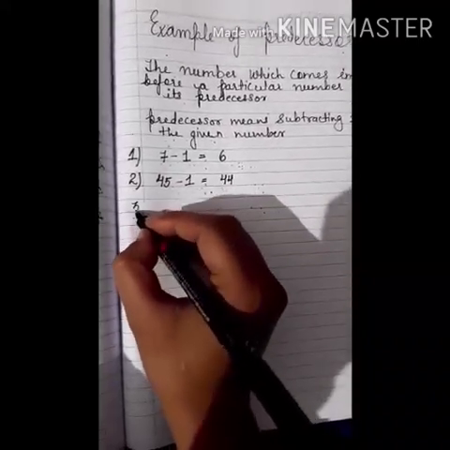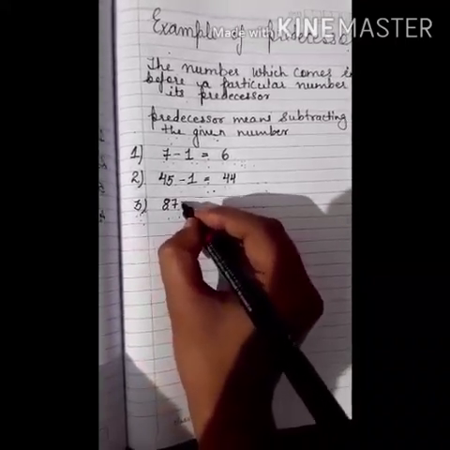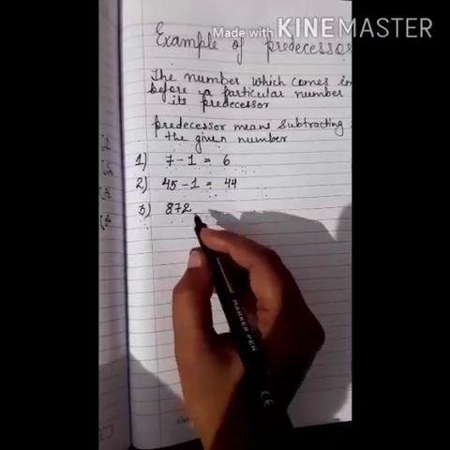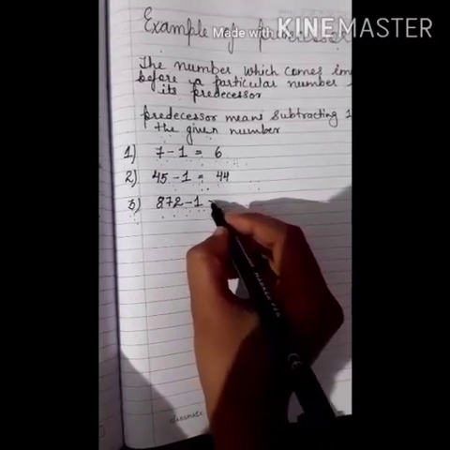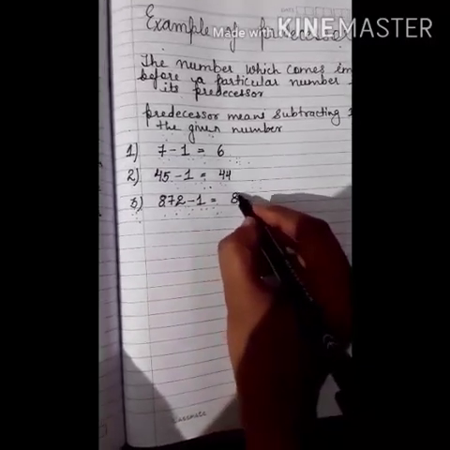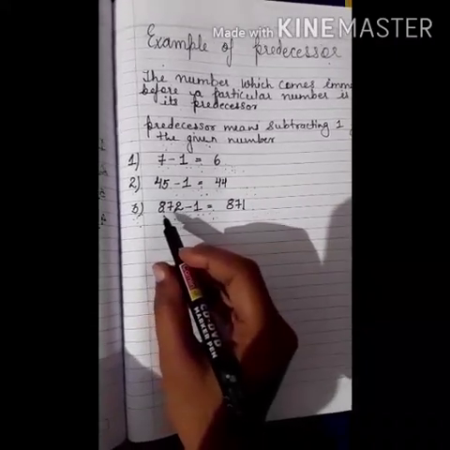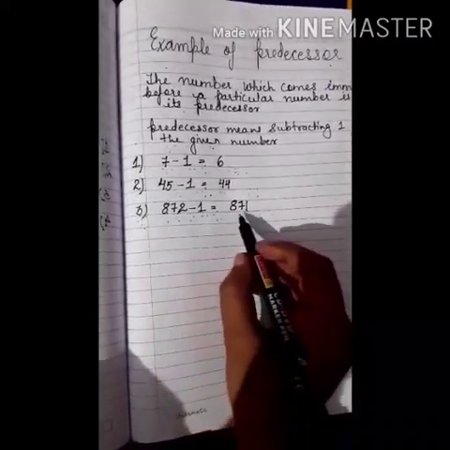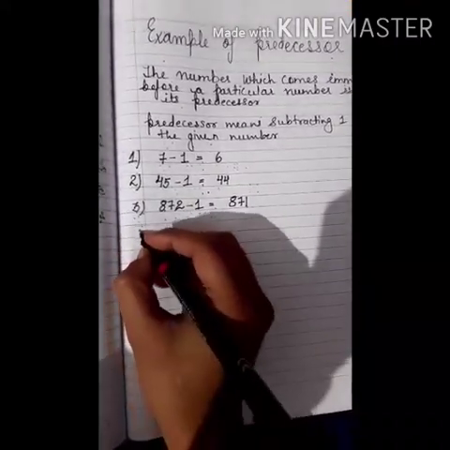Let us take another example. 872. So our number is 872 minus 1. So it will give us 871. So the predecessor of 872 is 871.